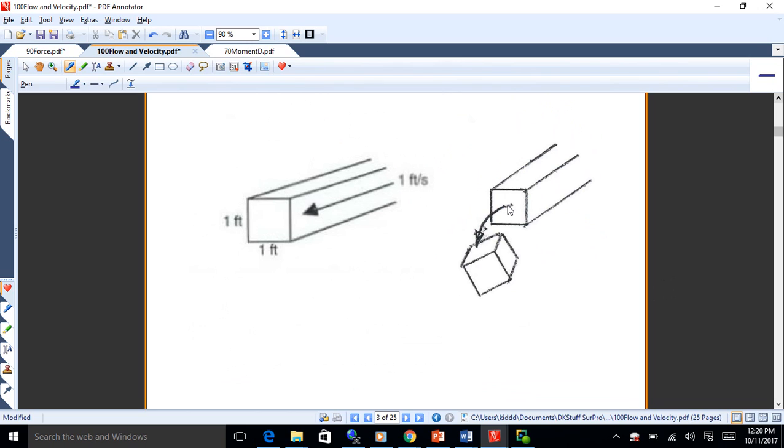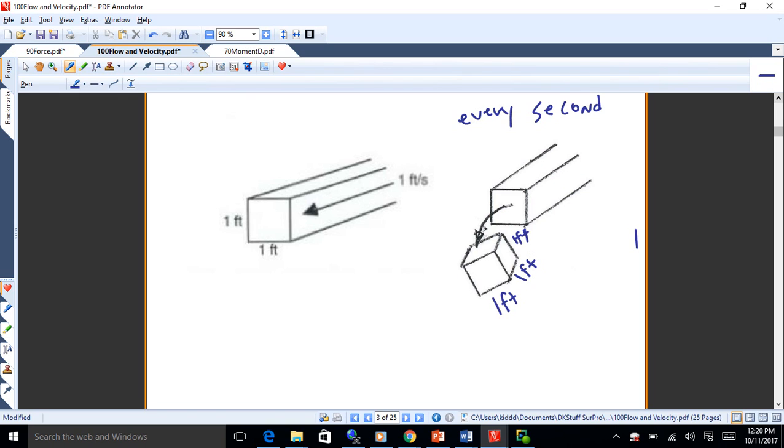So it might look something like that. If you've got a channel that's a foot by a foot, and you've got a velocity of a foot per second, what that means is every second, what you're going to have coming out of that channel is a block of water. Let's just say it's more like Jello or something, so it sticks together. That would be a foot by a foot by a foot.